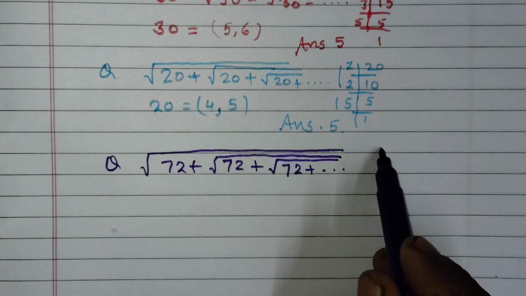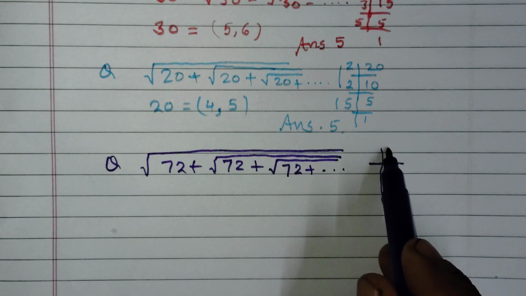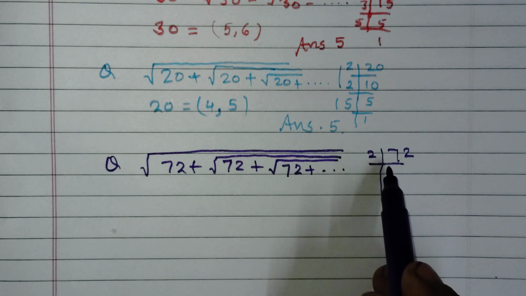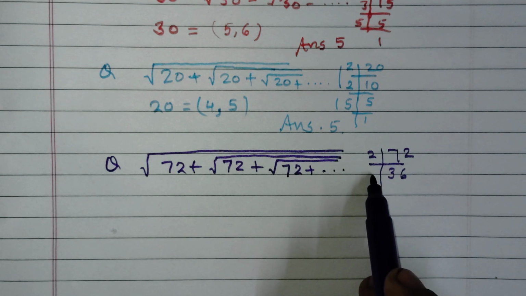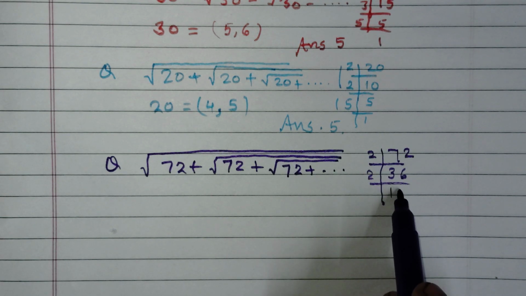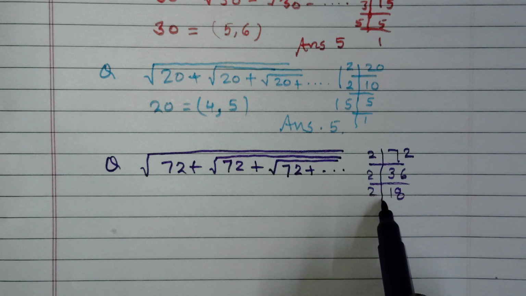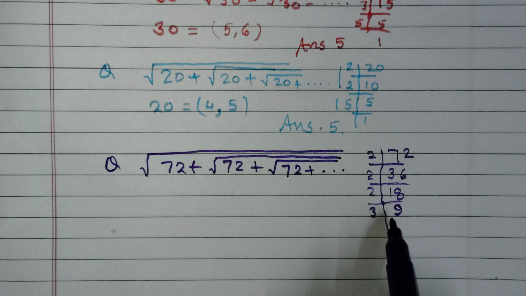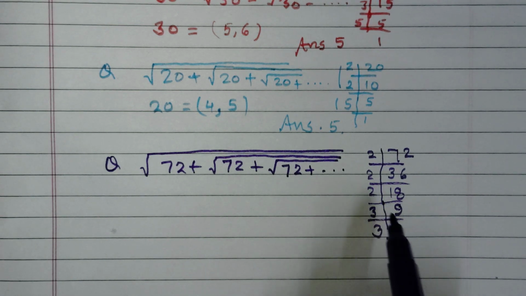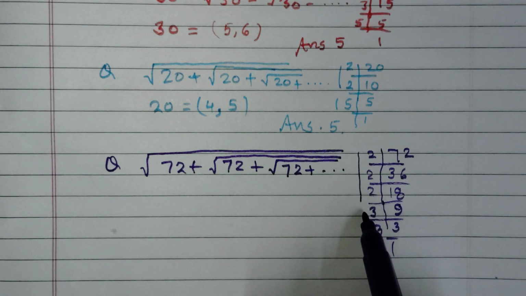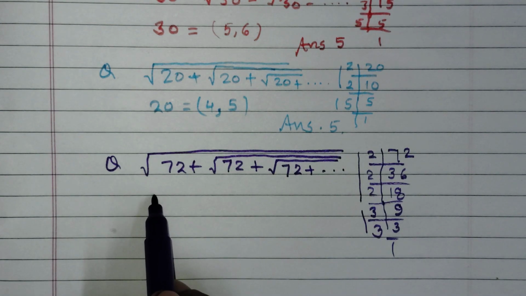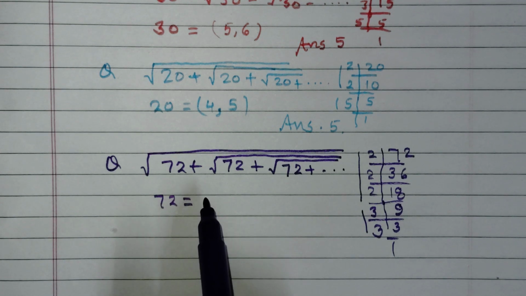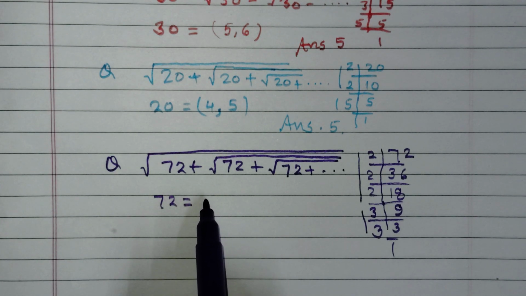Again we find the factors of 72. The main thing here is only finding the factors, and that takes the time. If you have practice, it will take less time. So finding the factors is important, and practice makes you faster. After finding the factors by dividing by prime numbers, we see 8 and 9 have a difference of 1. So 72 is equal to 8 into 9.